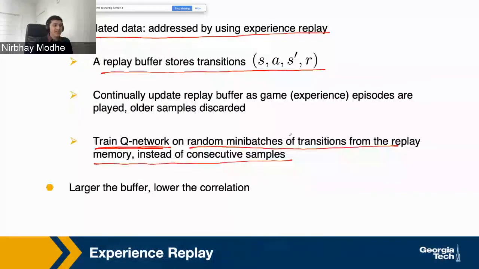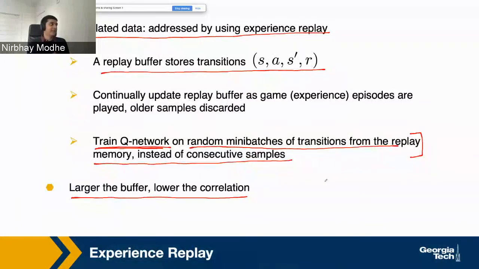This is just a heuristic which people have adopted, which turns out to be quite helpful in learning. What people have observed is that the larger the buffer, the lower the correlation between the data points in the buffer. And if you do this random sampling strategy, you more or less mitigate the problem of correlated data points or high variance gradients.